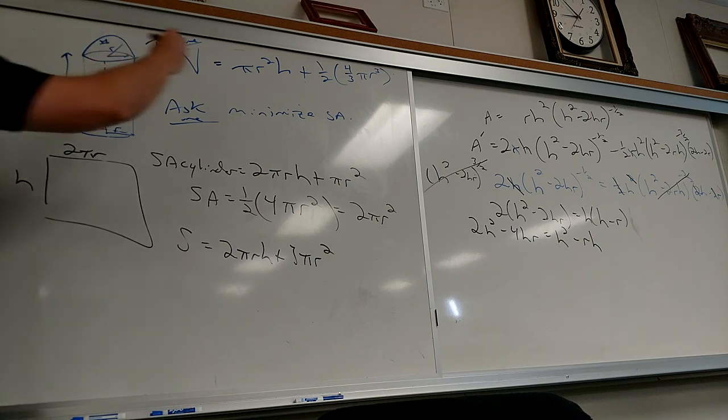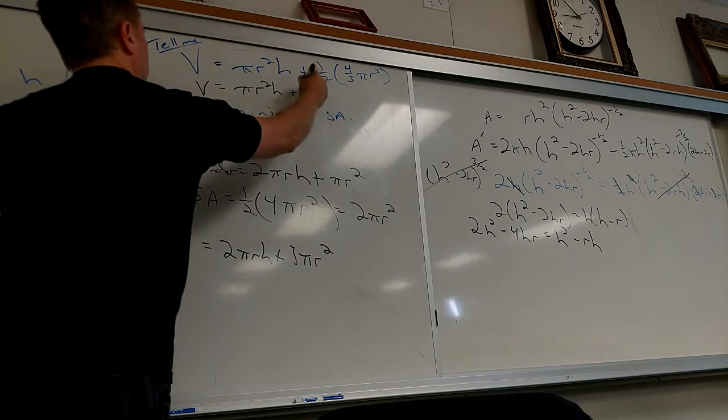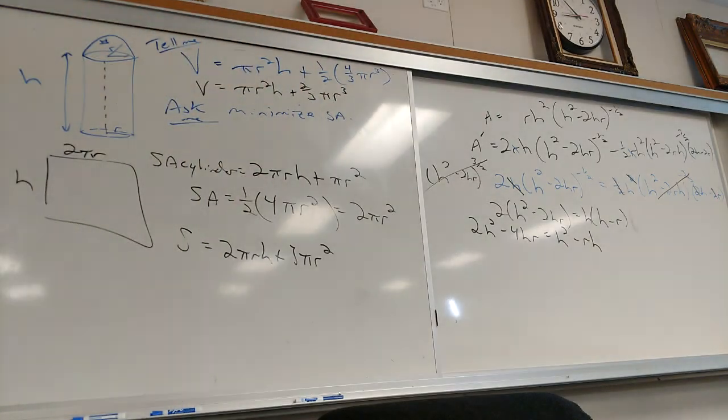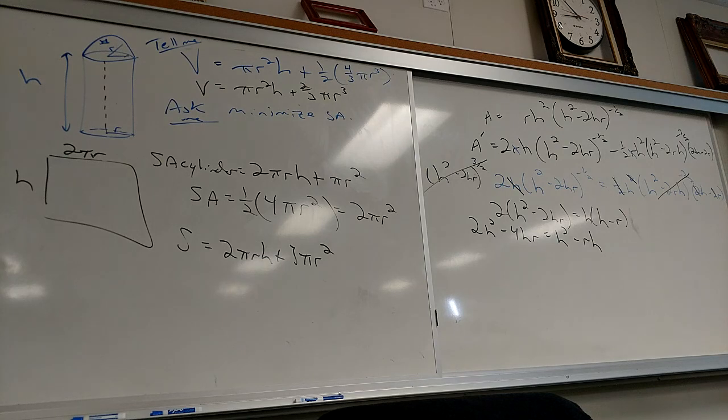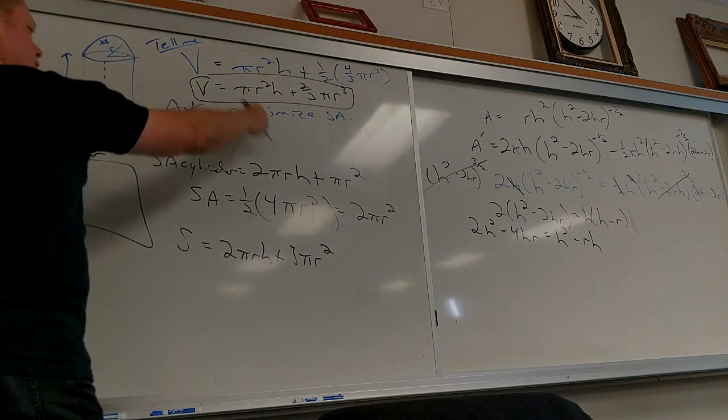And here's what they tell me. They told me that the volume is pi r squared h plus 2/3 pi r cubed. Do you remember how to work generally these problems where they tell me something and they ask me something? What do I want to do with this?